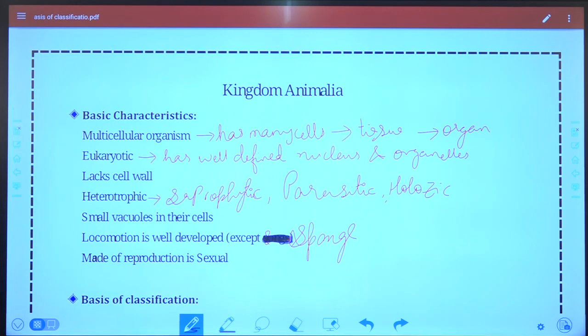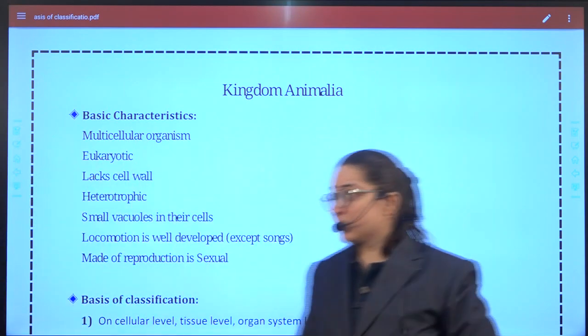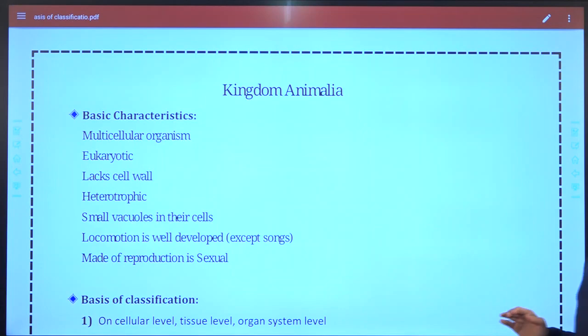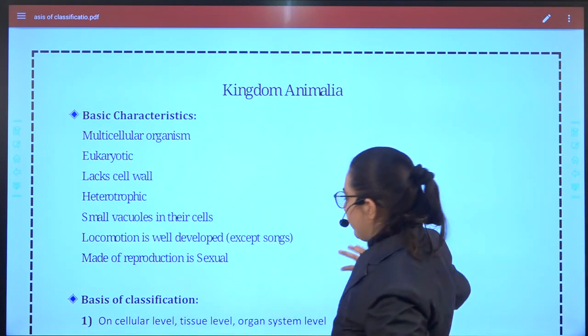Note down all the points. So I hope you are now clear with the content that has been taught. Let's move on to the next part.